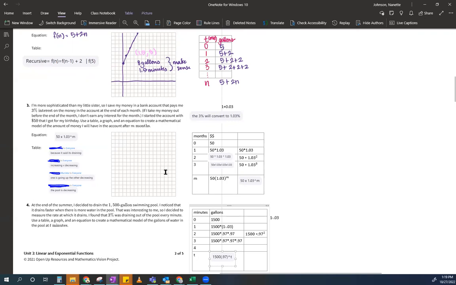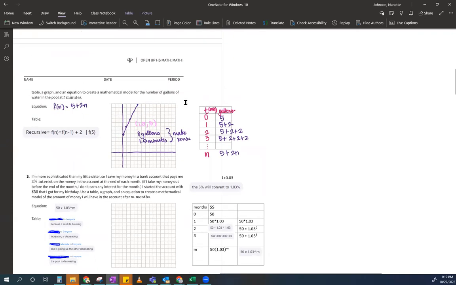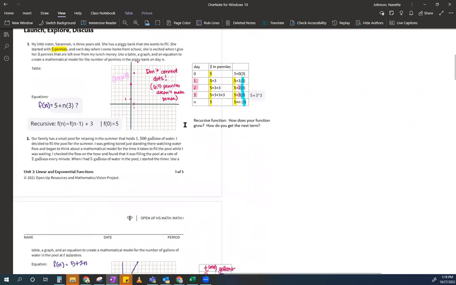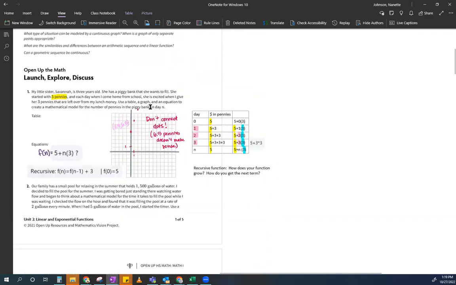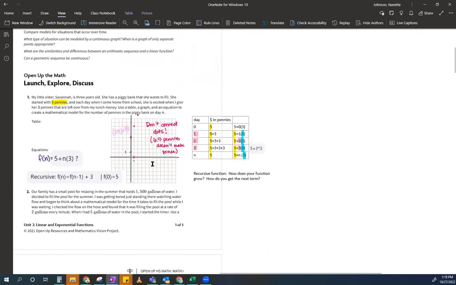But what's the difference between these things? Yeah, they do have different solutions. Oh my gosh, one of them's arithmetic and one of them's geometric. Boom, drop the mic. That is so true.